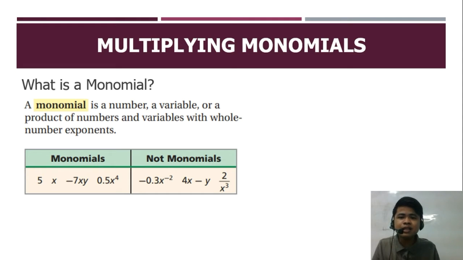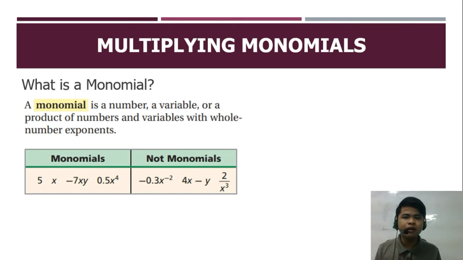Why is it considered a monomial? It is because it is a product of a constant and a variable with a whole number exponent. Its exponent is positive 4. So, meaning, monomial siya.